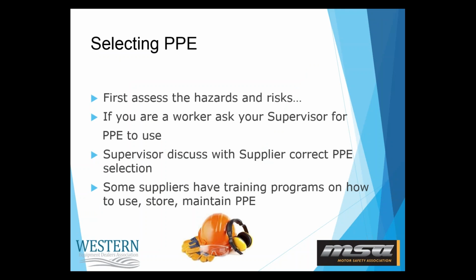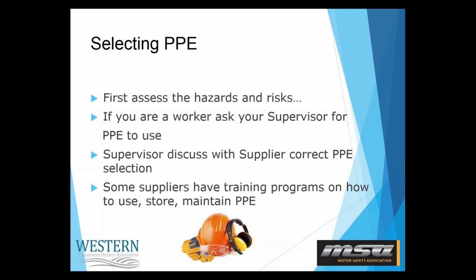Once we've made the determination that personal protective equipment is required, we need to select what type of PPE we need at our facility. And by doing that, we may need to conduct a hazard or risk assessment to determine what types of hazards are present and determination for the PPE requirements.